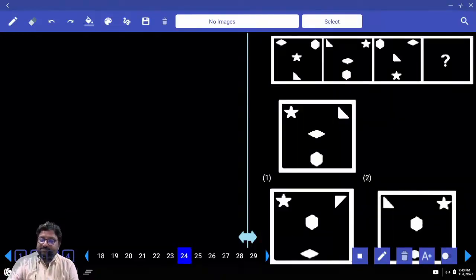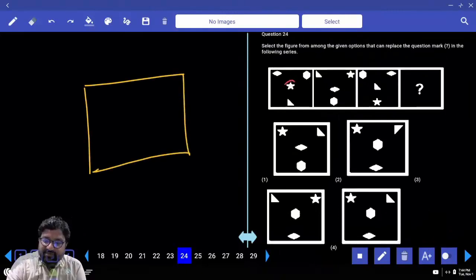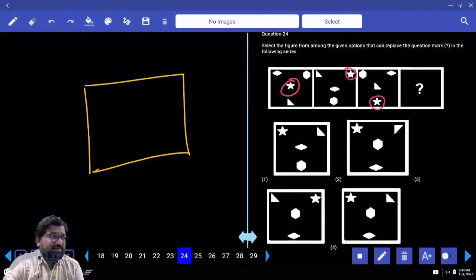24. The star is here, where did the star go? From top left, where did it come? Again, bottom middle, right? And we are observing the style of how the star is changing. Then we should observe this rhombus here.